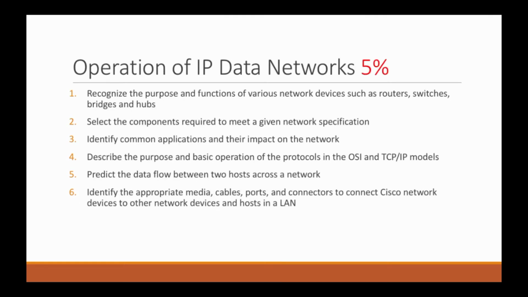So the operation of IP data networks. Now I've got a percentage here next to all of the headings. That's because each of them counts to a percentage of the total score. So even though a chapter may be absolutely huge, it may only count for 5 or 10% of the final mark, and in order to pass the exam you need to have at least a certain amount in every one of the chapters before you can pass it.